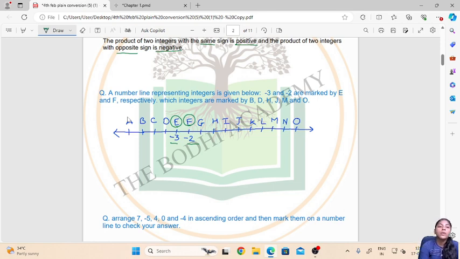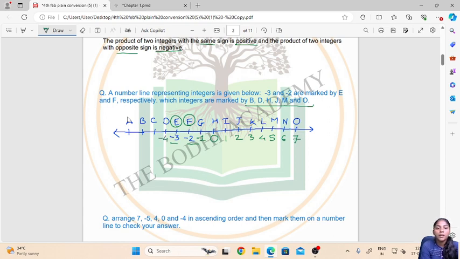So we have to find out which integers will be marked at all these alphabets. Since -3 is at E and -2 is at F, what will come here at G? Here it will be -1, here it will be 0. Then 1, 2, 3, 4, 5, 6 and 7.